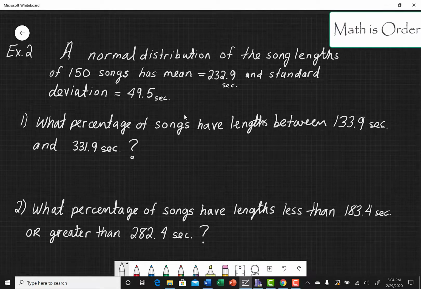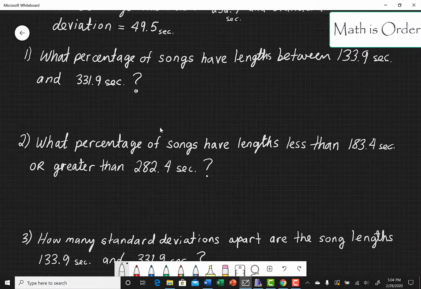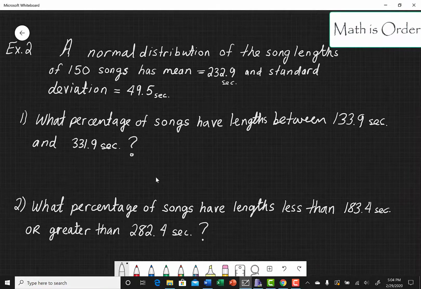What percentage of songs have lengths between 133.9 seconds and 331.9 seconds, and so on. Again, we are given a normal distribution, which is another way of saying a bell-shaped curve, which is another way of saying a unimodal and symmetric distribution.